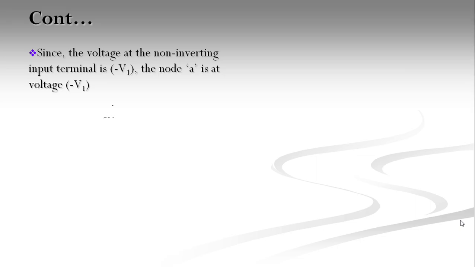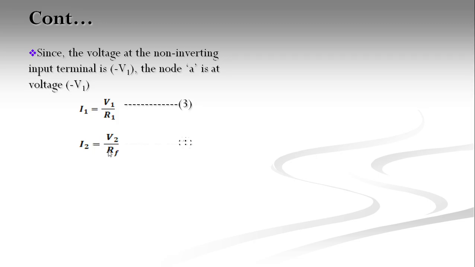Next, we find the currents I1 and I2. From the previous figure, the voltage at the inverting terminal is 0, so I1 equals V1 by R1, and the voltage V2 across RF is given by I2 into RF.